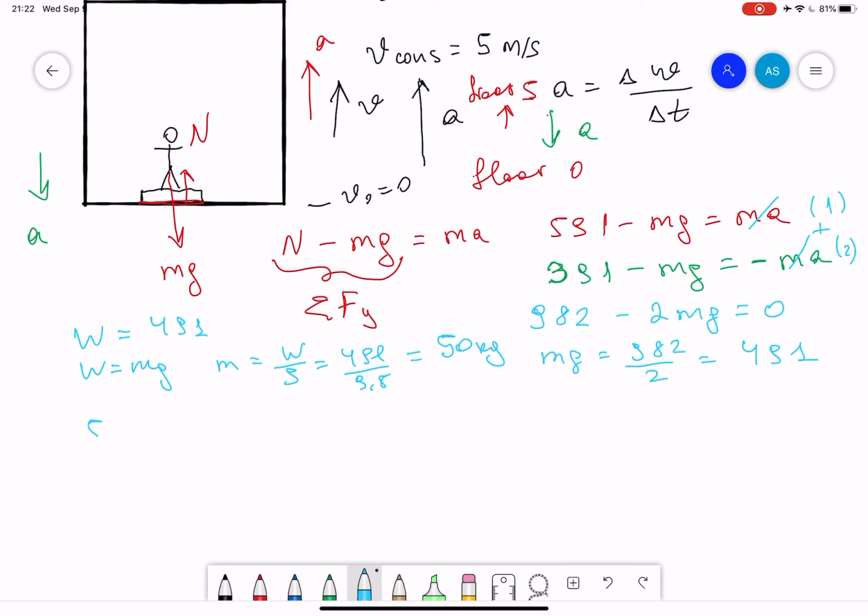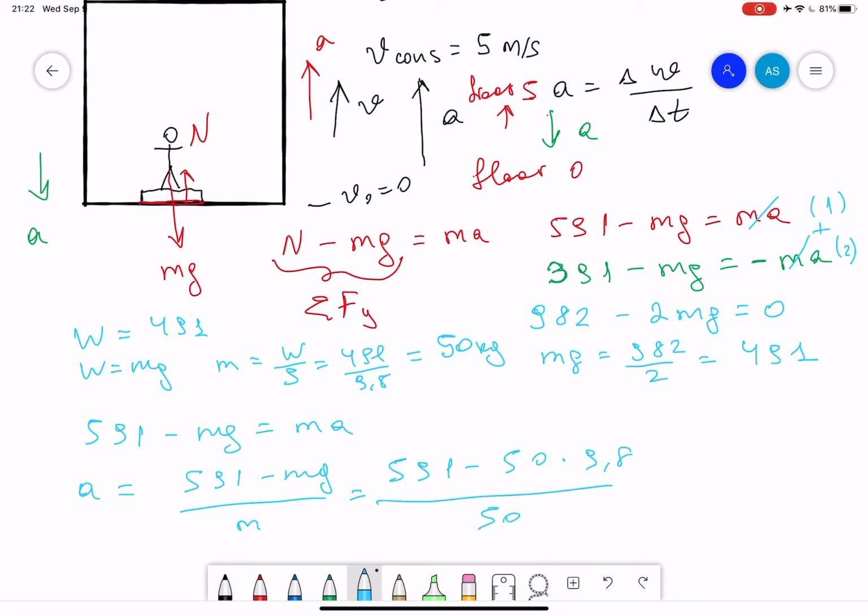The first one is 591 minus mg, which is equal to ma, right? So acceleration is equal to 591 minus mg, divided by the mass. So 591 minus the mass of the person, 50 kilograms, multiplied by g, 9.8, divided by 50 kilograms. If you do the calculation, you should find that your acceleration is equal to 2 meters per second squared. Okay, this is how you can find acceleration.